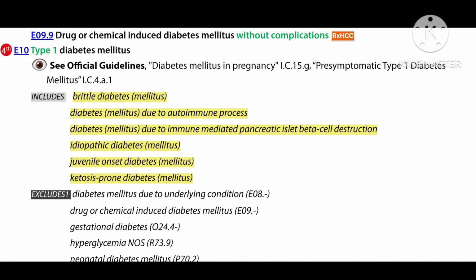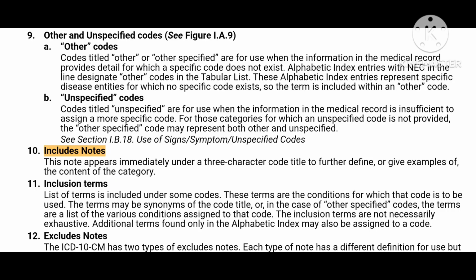When you check this code E10, type 1 diabetes mellitus, below that you can find it includes brittle diabetes mellitus due to autoimmune process, diabetes mellitus due to immune mediated pancreatic islet beta cell destruction, idiopathic diabetes mellitus, juvenile onset diabetes mellitus, ketosis prone diabetes mellitus. All these can be coded as E10, that is type 1 diabetes mellitus. So this is the meaning of includes notes.